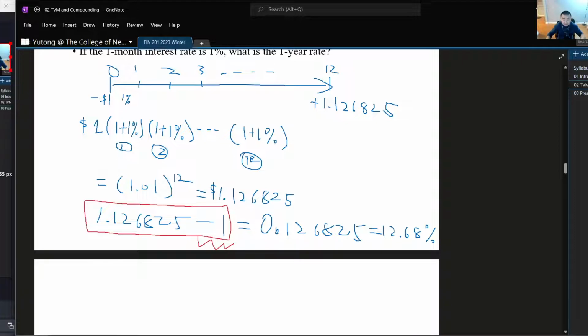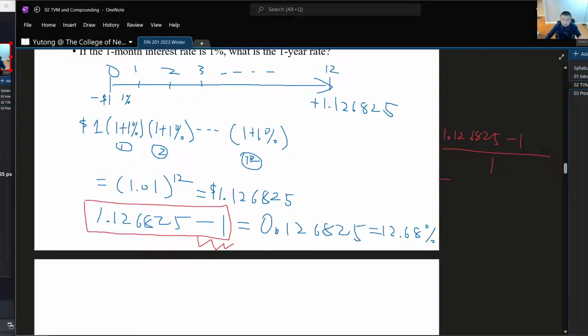So to calculate the percentage return, we can first calculate the dollar profit, 1.126825 minus 1, and then this is the dollar profit, right? 0.126825, then divided by 1. The division by 1 doesn't really make any difference.